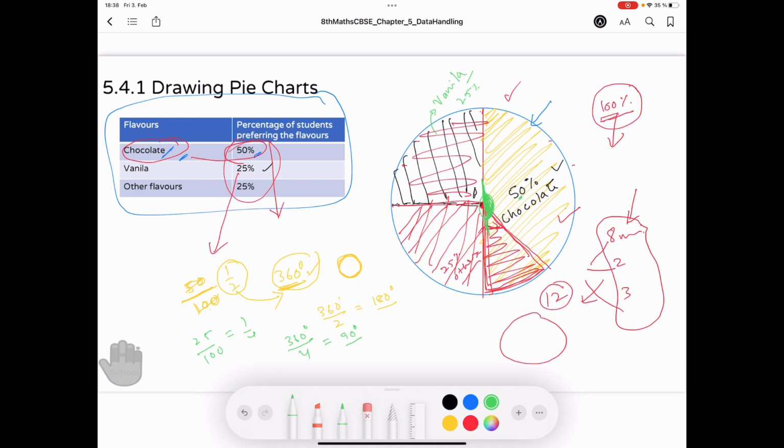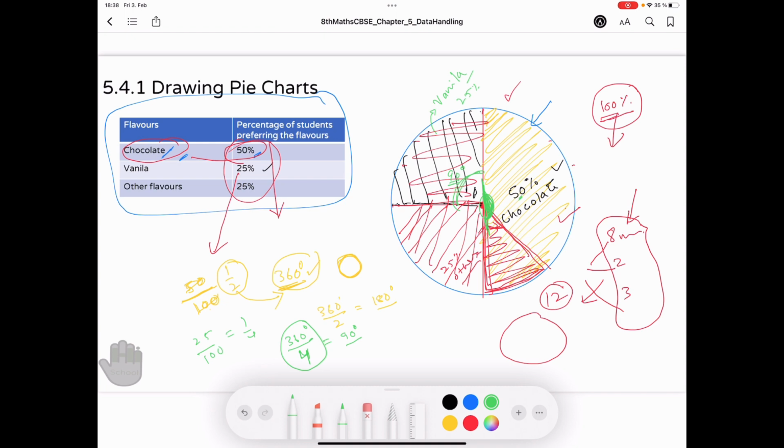So this angle is 90 degrees. This vanilla flavor is 25% of the whole circle. That means it is 25% of 360 degrees, which is 1/4 of 360 degrees, which is 90 degrees.